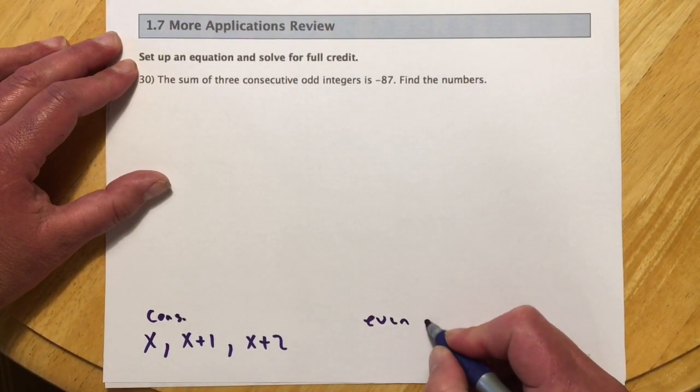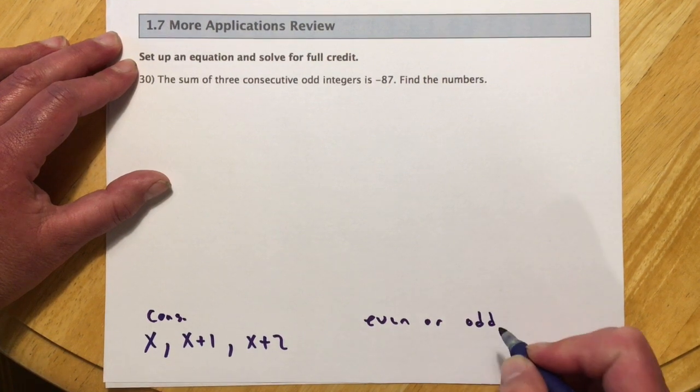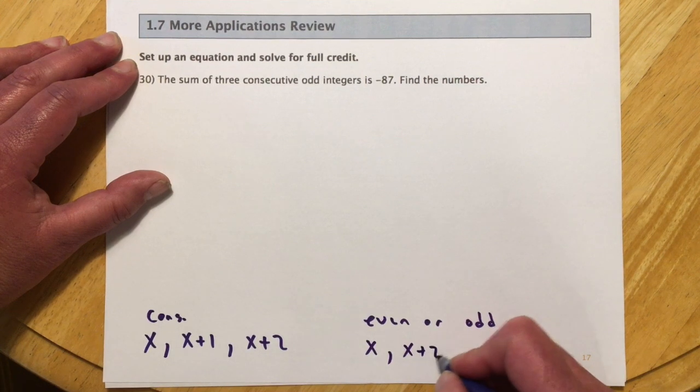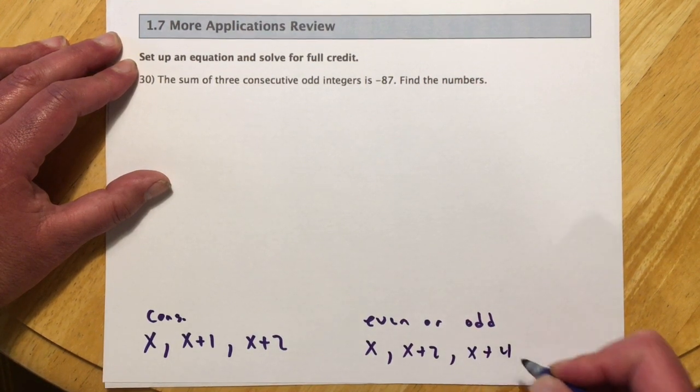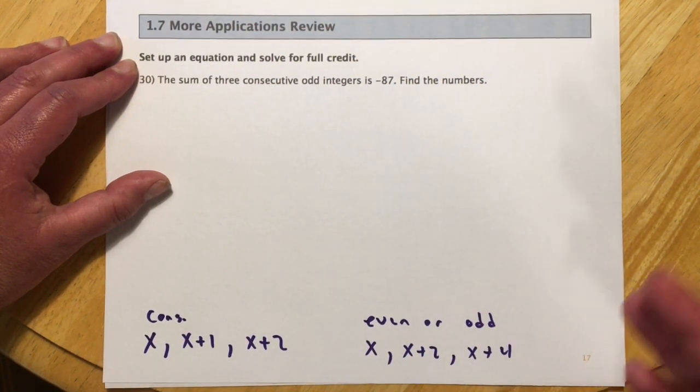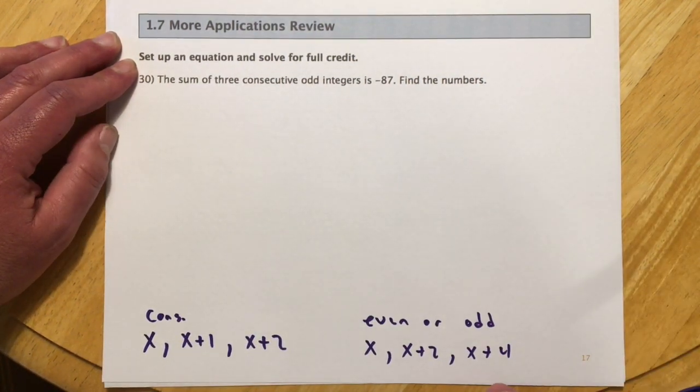Even or odd, doesn't matter which one, you're counting by twos. So it's going to go x plus 2, x plus 4. So like 1 plus 2 would make 3, 1 plus 4 would make 5, 1, 3, 5. Or if I start on 2, it goes 2, this could be 4, and then 6. So even or odd, you're still counting by twos. It's just a matter, are you starting on an even or an odd?